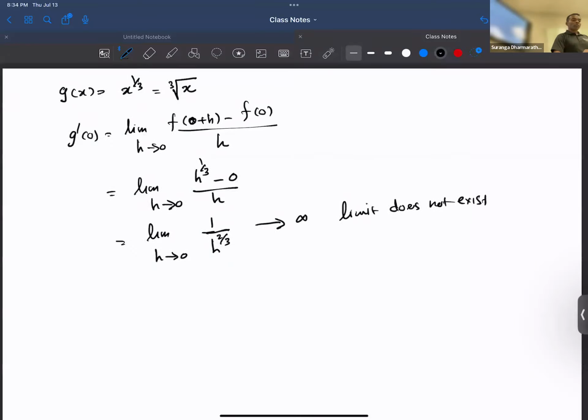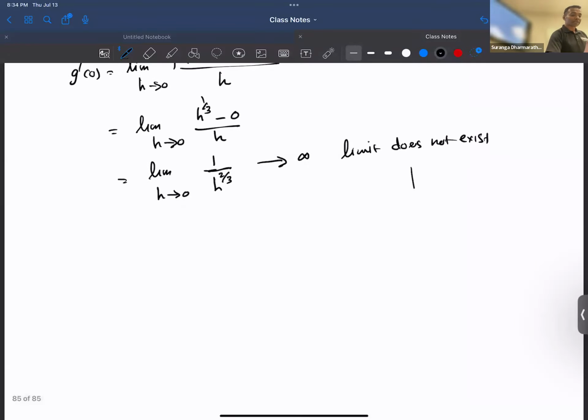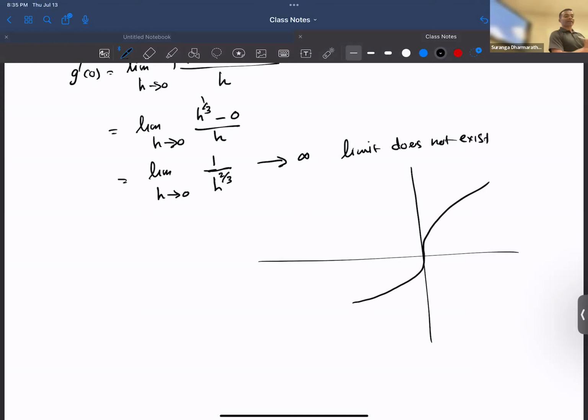Now, what happened is this. The function has something like that, a vertical portion at x equals 0. Vertical slope means the highest slope, infinite slope.